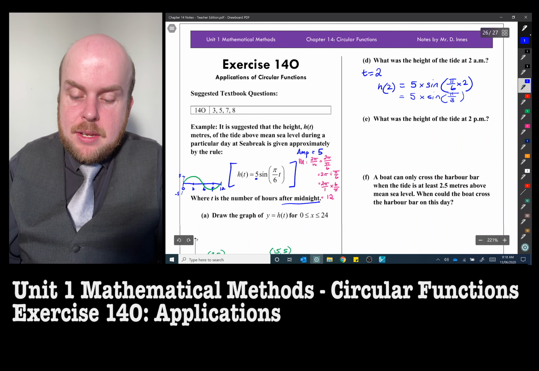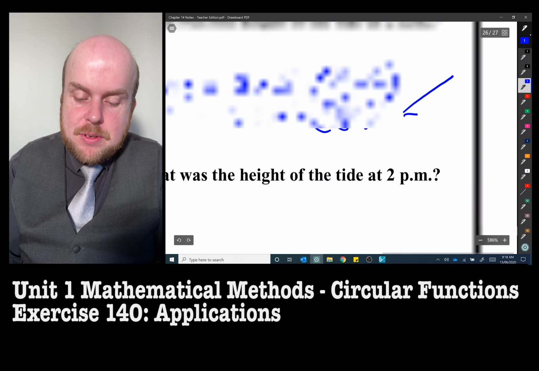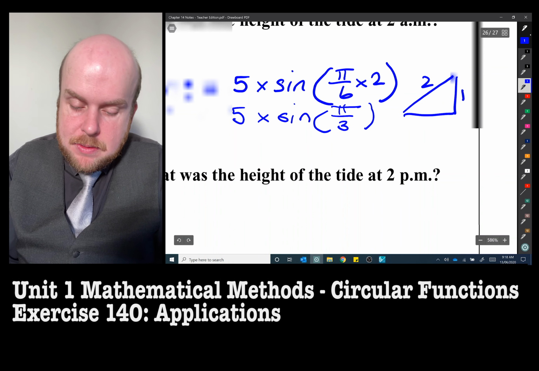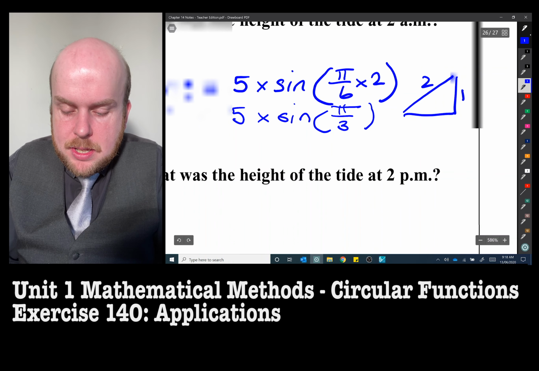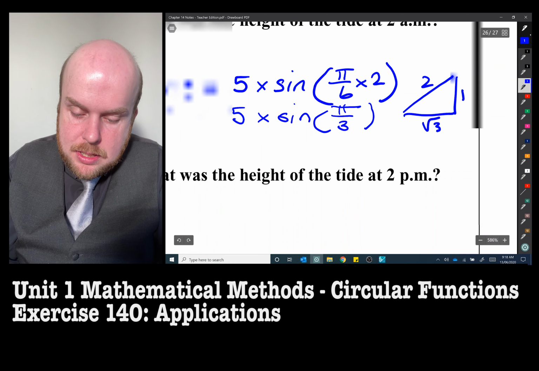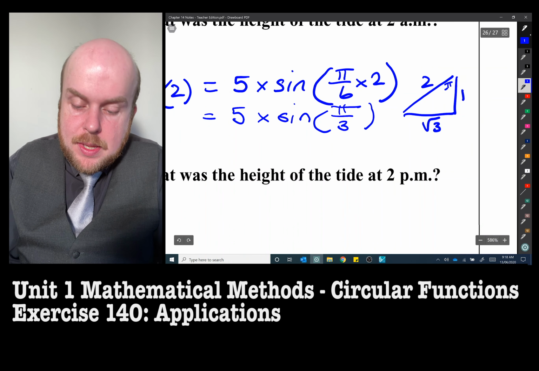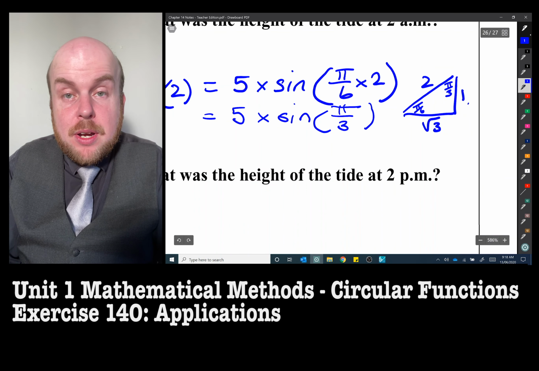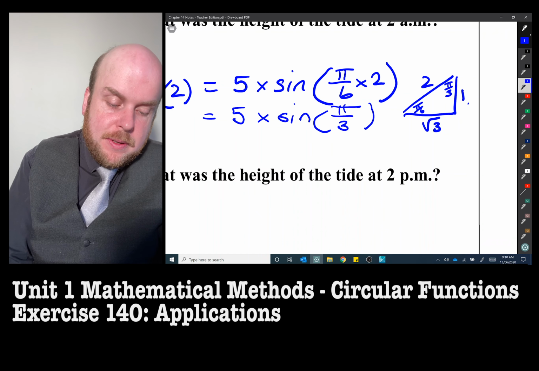Then if I've forgotten what that is, I can draw my little exact values triangle, or at least half of it anyway, the relevant part. And I can remember what pi over 3 is. So sine is opposite over hypotenuse, so root 3 over 2.